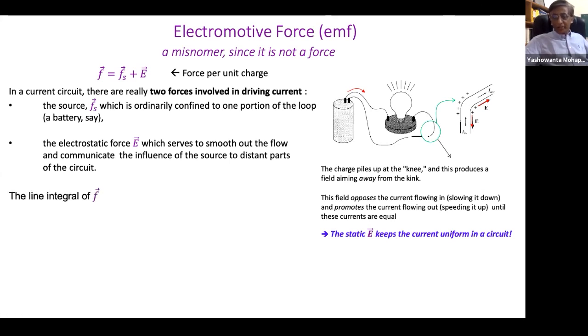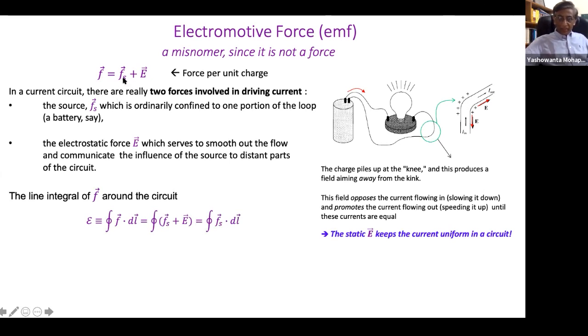The line integral of F around the circuit, we can write down as EMF, the total F dot dl around the circuit. The total F is the force per unit charge from the source plus the electric field. And that is equal to only the source Fs dot dl. Why?